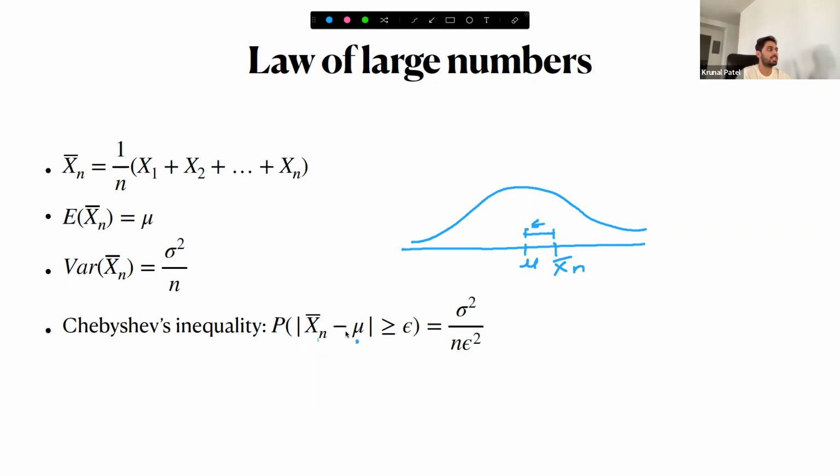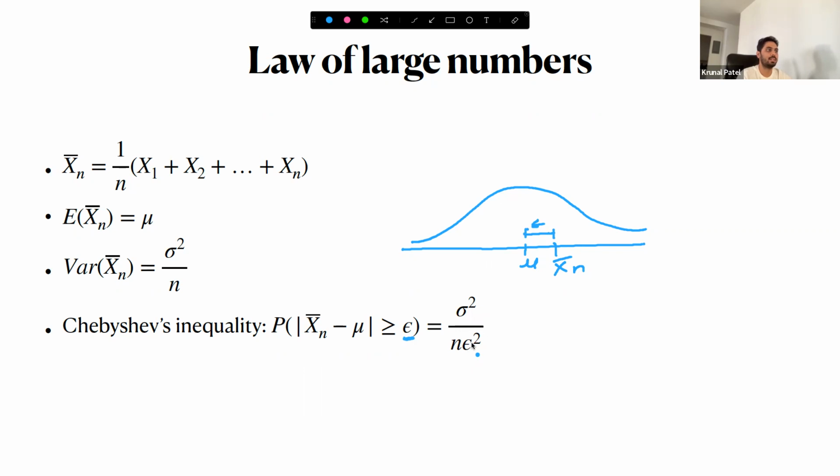So what it is saying is that the probability of me making an error larger than epsilon is bounded by sigma square divided by n times epsilon square, right? So sigma square comes from my variance, and that's going to stay fixed.